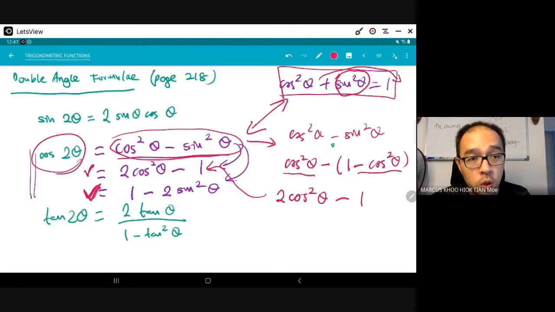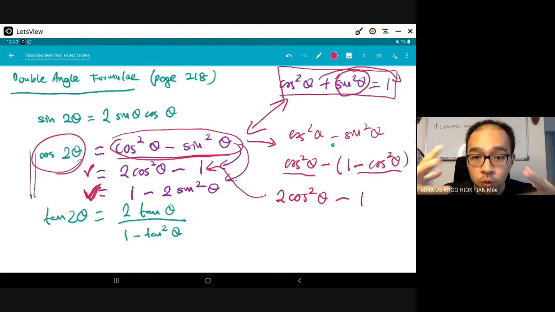Just like Monday's class, when we learned that the addition formula can be used to prove trigonometric identities and find values of other trigonometric values, we can do the same thing with the double angle formula. But again, let me remind you that when we prove trigonometric identities, we don't use only one method. Sometimes you will have to use multiple identities to help you prove.